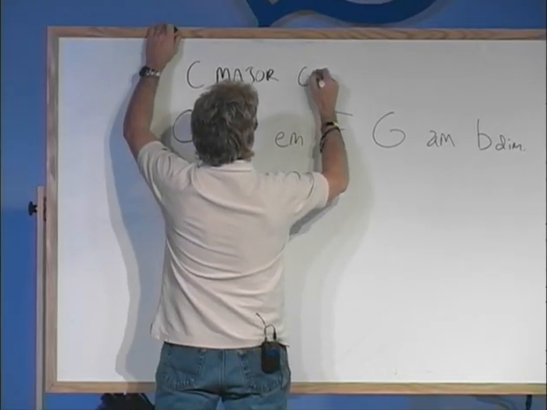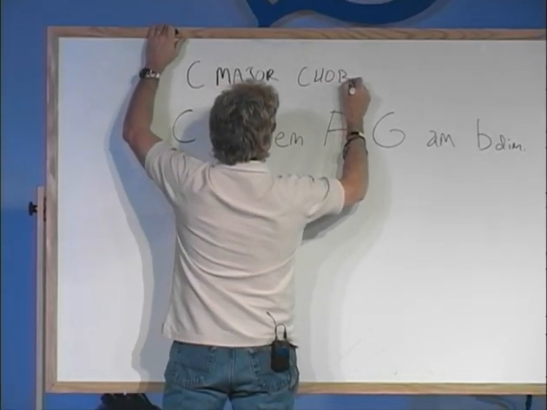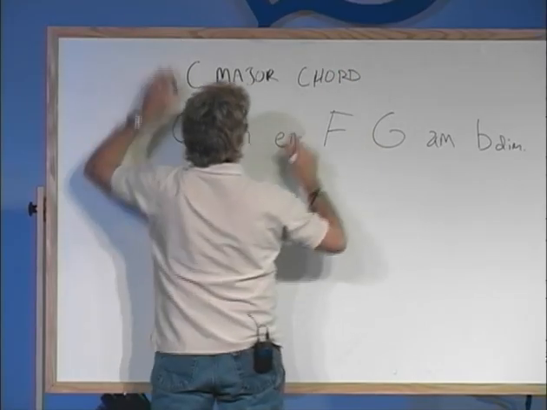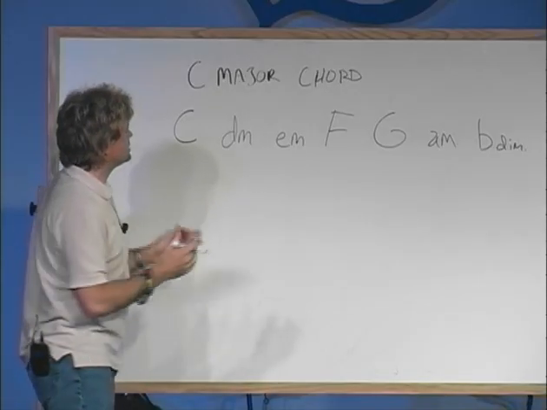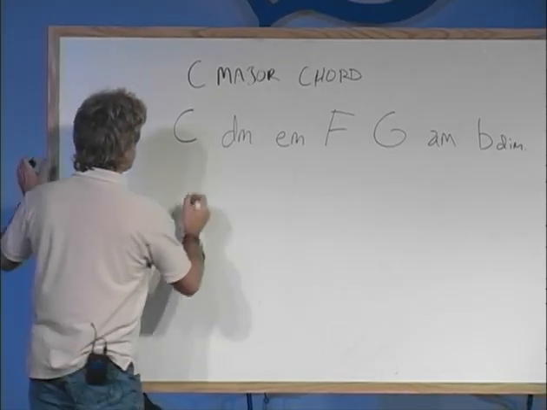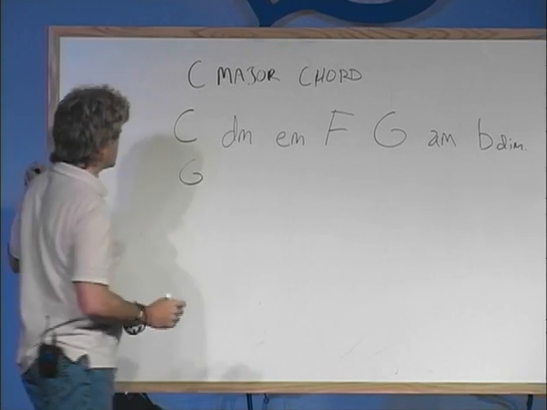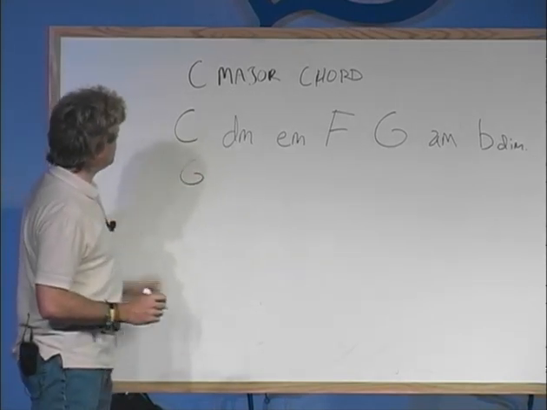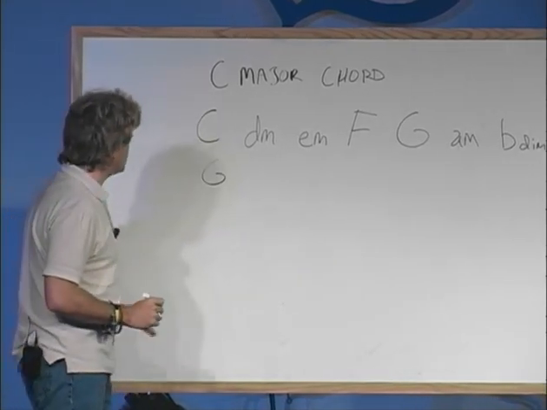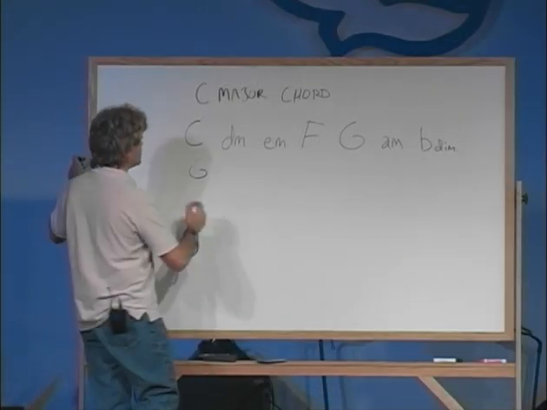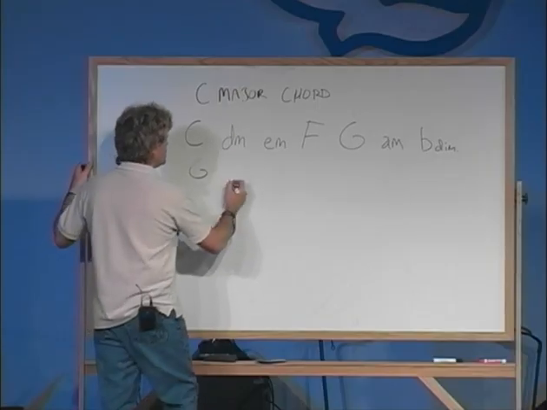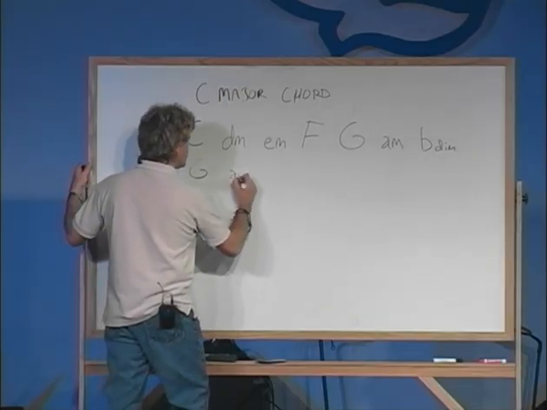So we'll change this to C major chords. Now, what's interesting is because we're dealing with mathematics, where we move, these spatial concepts stay the same. In other words, if we move this to the key of G, then the G will be major. The second degree of the G major scale will be A, and it will be A minor.